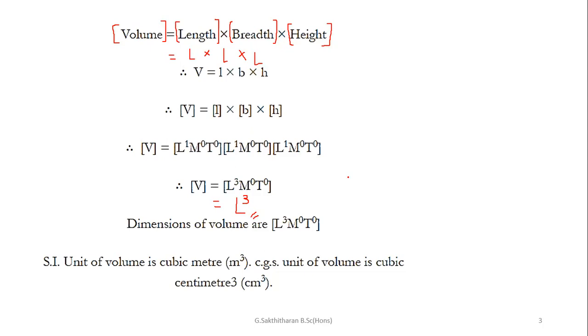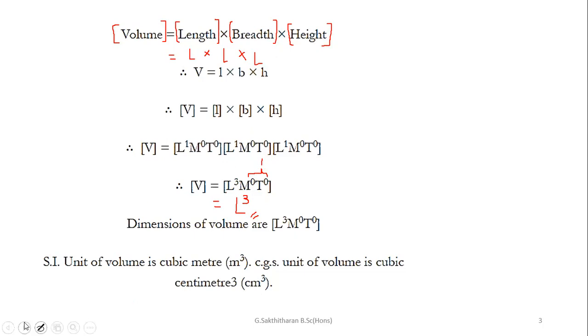If I ask in the questions what is the dimension of the volume, we can write only L cube. It is enough. Okay. We don't write the M naught and T naught. These values are 1. So 1 into L cube equals L cube. So L cube is enough.